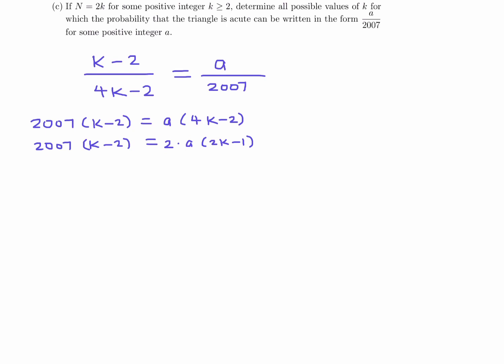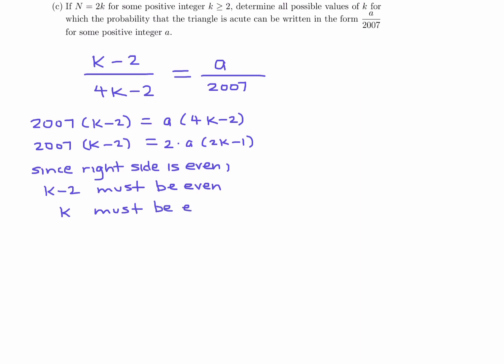And since the right side is even, the left side is even, that means k minus 2 must be even, because that's the only way that an odd number like 2007 multiplied by something can become even. If k minus 2 is even, that means k must be even, correct? If k minus 2 is 8, then k is 10, which is also even.